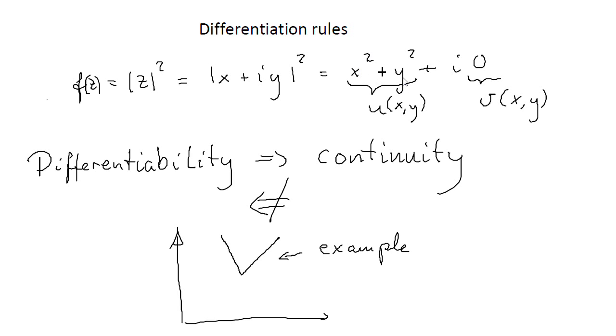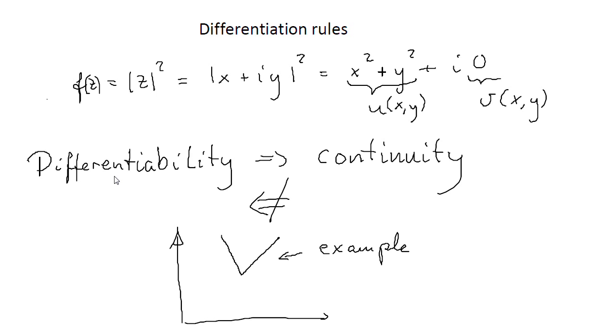It has this as a real part and 0 as the imaginary part. And we note that the partial derivatives of this function u, the real part, exist. But still the function f of z is not differentiable.